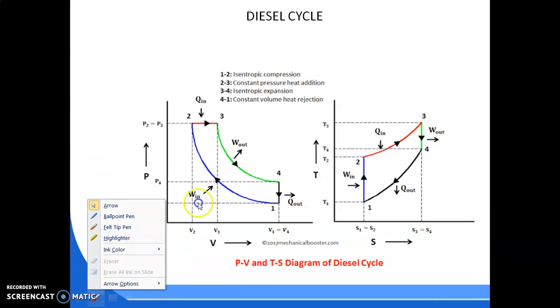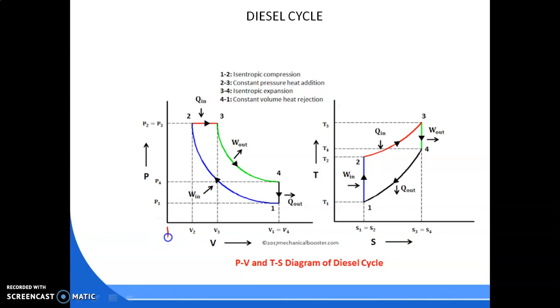So in the diesel cycle, you can see here, what is the volume from here to here? Consider this one as top dead center and this one as bottom dead center. The piston travels from TDC to BDC. So this volume is known as which volume? This volume is known as the swept volume or stroke volume.